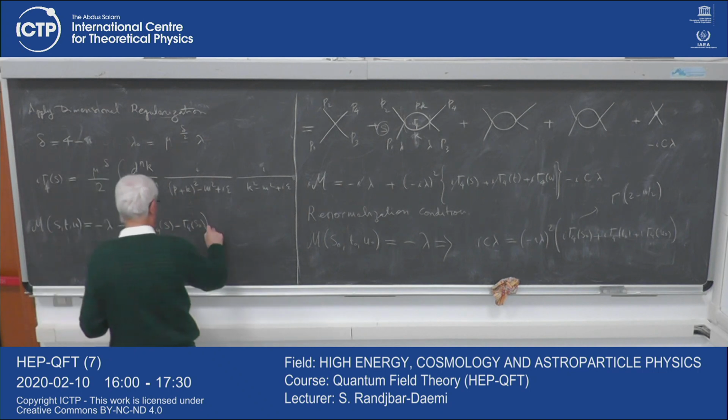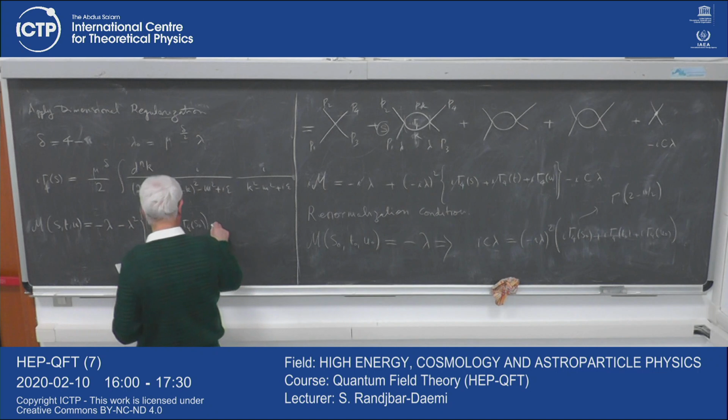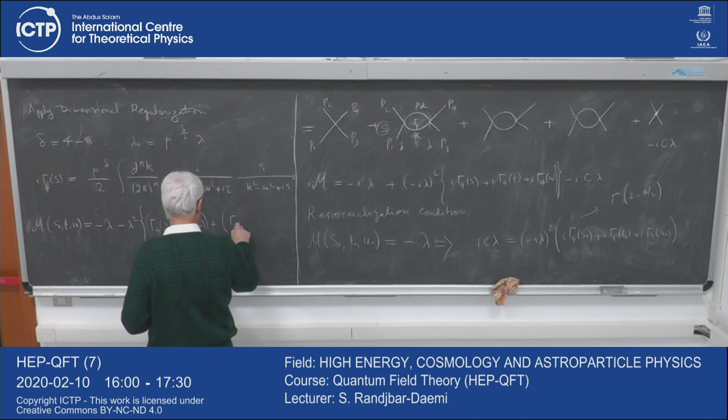From each comma 4, you will subtract its value at S0, T0, and U0. A simple algebra.